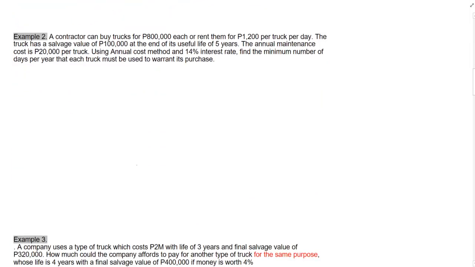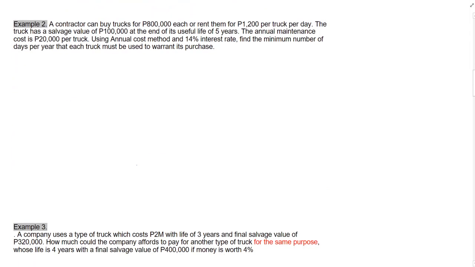Let's have here an example. Our second example: a contractor can buy trucks for 800,000 pesos each, or rent them for 1,200 per truck per day. So the truck has a salvage value, or that is also called the trade-in value, of 100,000 at the end of its useful life of 5 years.